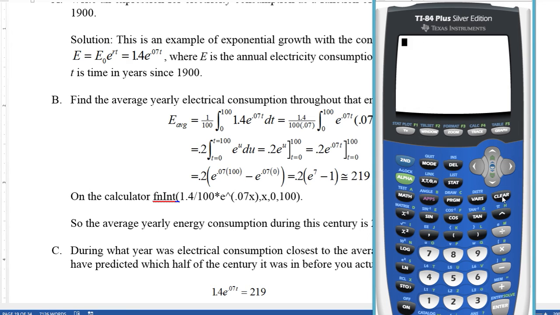Oh, actually before that, I need 1 over 100.